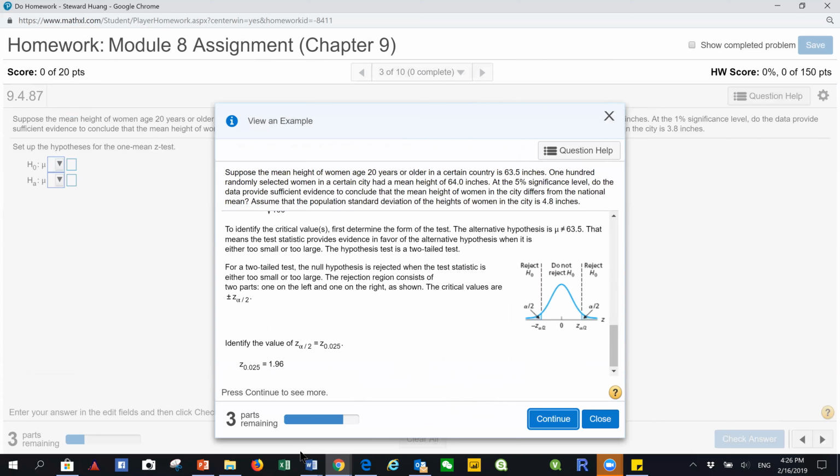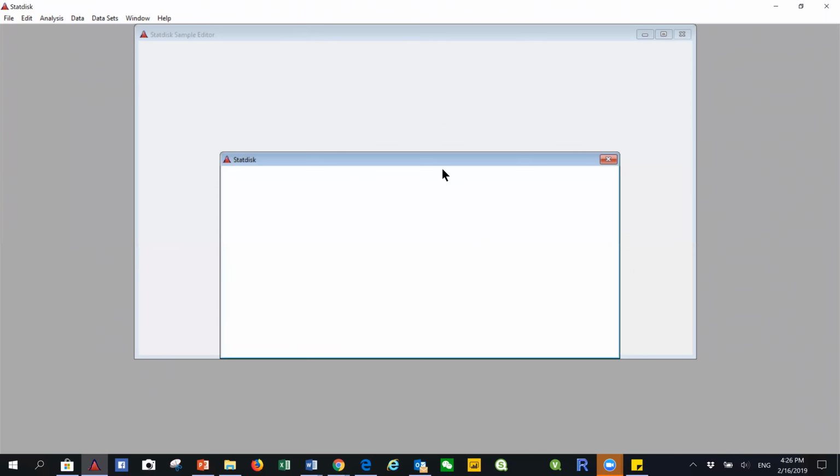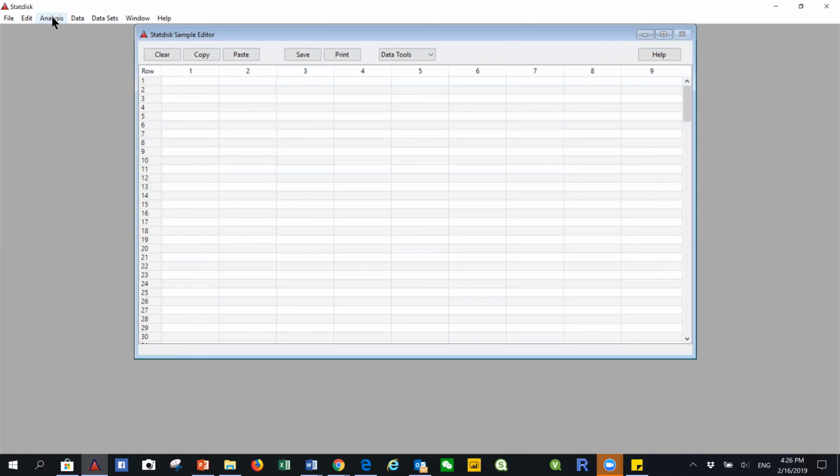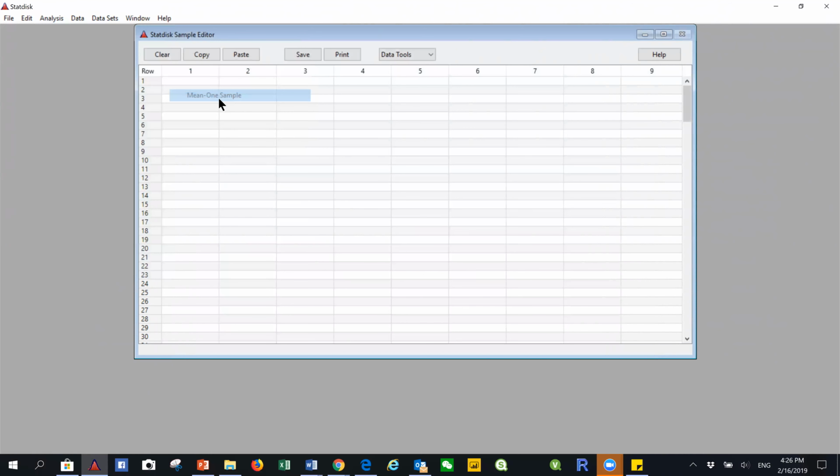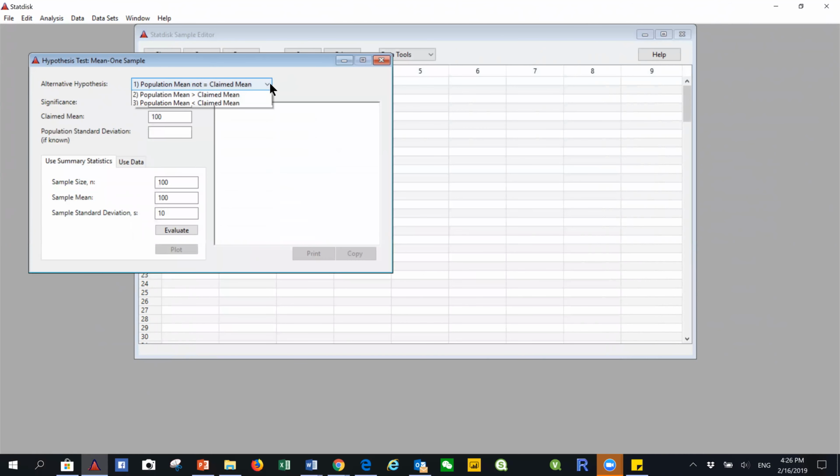There is another way which I would suggest, which is to use Statdisk under Analysis. Under Analysis, Hypothesis Testing, Mean One Sample. Then here you go, plug in the alternative hypothesis, and then plug in everything else.